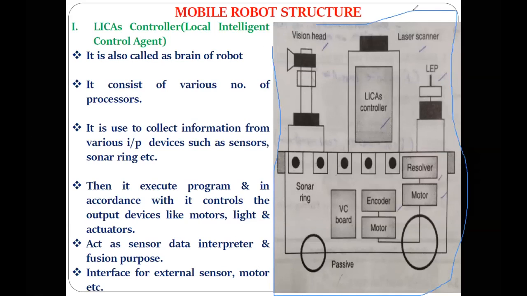This is the general architecture, or you can call it the structure, of the mobile robot, which also looks quite like the robot itself. It is drawn in that way, where you can see the different functional modules shown, and each of the functional modules is interconnected with the others. Here you can see the vision head, the laser scanner, the LIDAR controller, the sonar rings, the resolver component, motors, wheels, encoder, motors, the board, and so on.